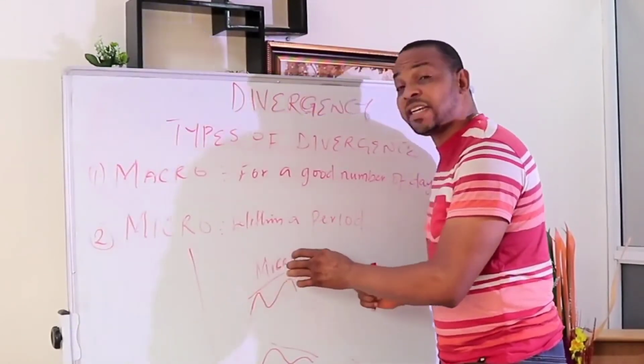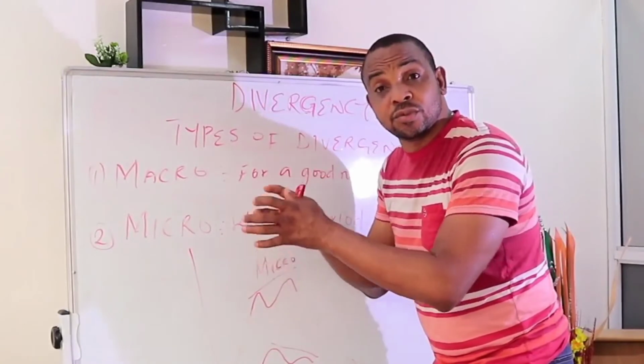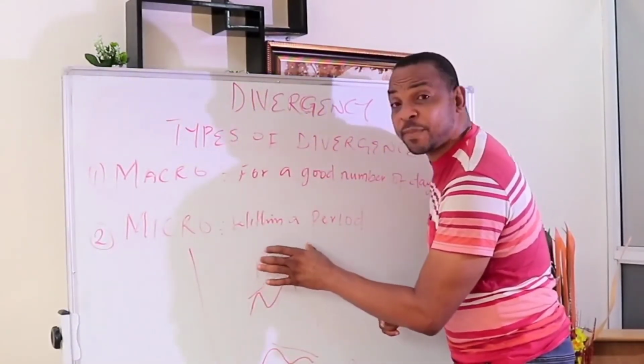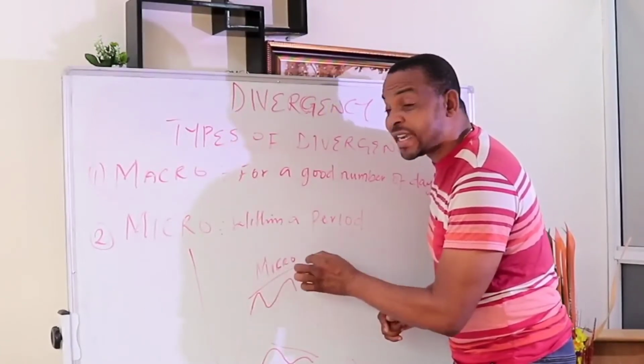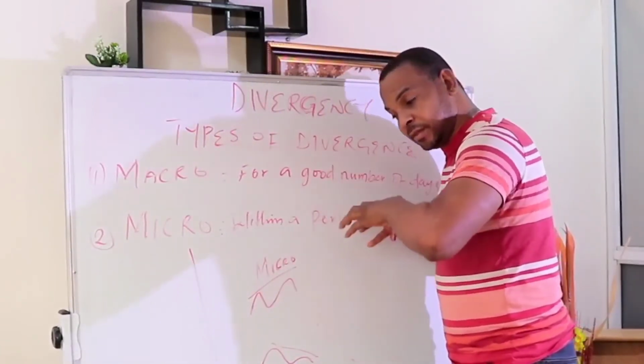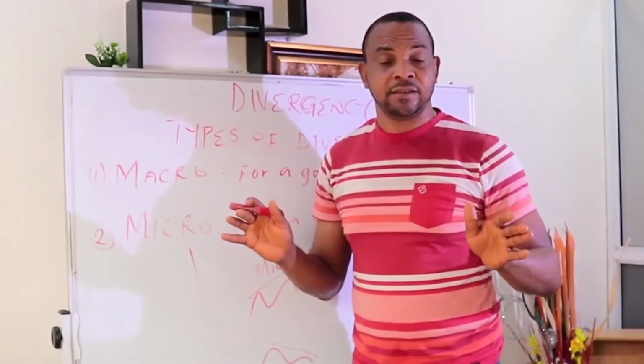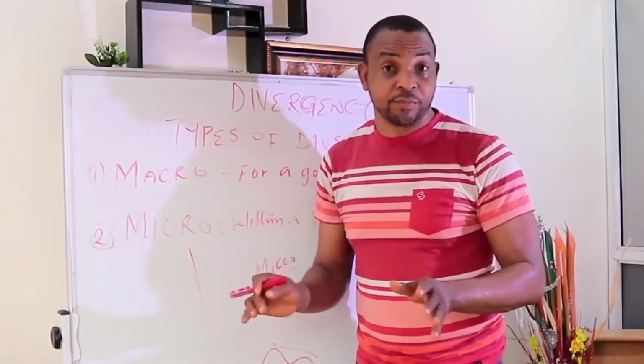Any divergence you see during that new trend is micro divergence, and it is this particular micro divergence that will create a continuation setup. It's as simple as that. Very lovely and very simple.